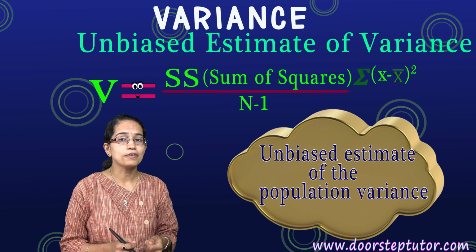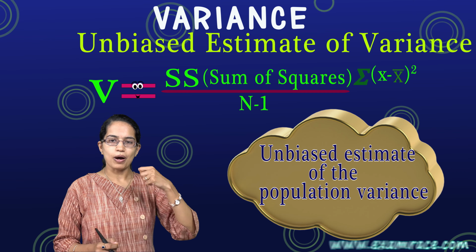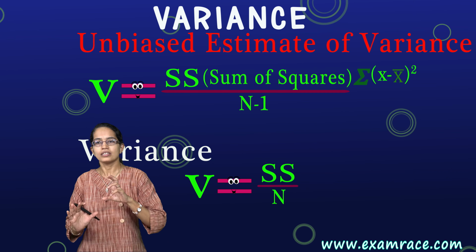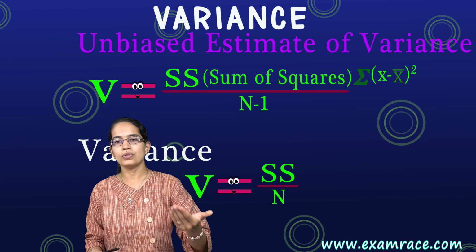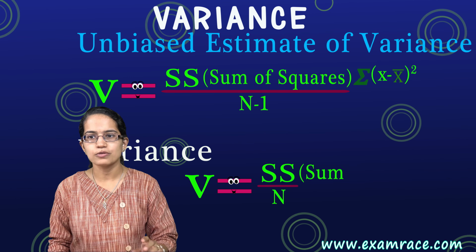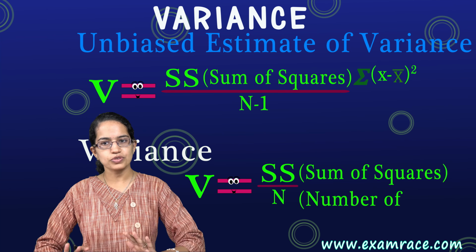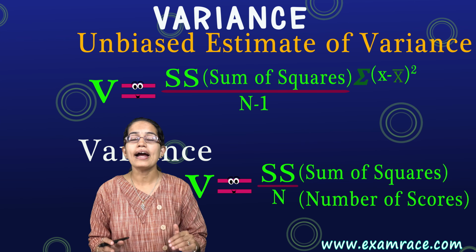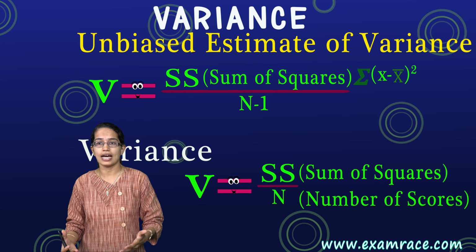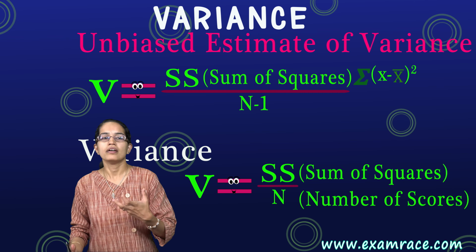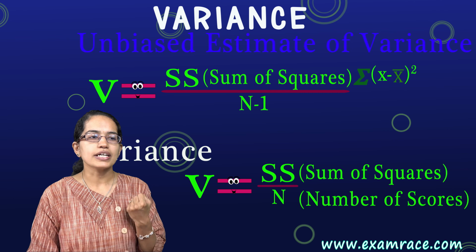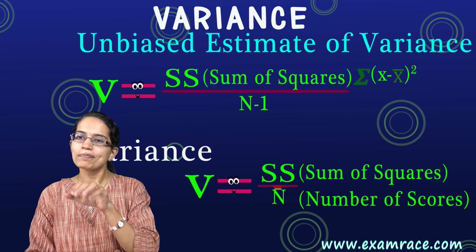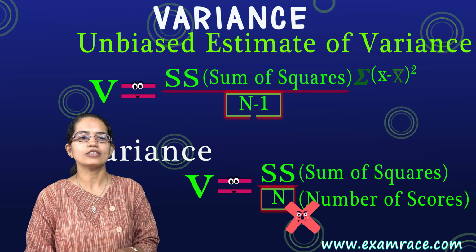So when you have the actual number of cases, the true scores, you find the values and divide by the total number of items. But in case a sample is taken, in order to have an unbiased estimate, we divide not by n but by n minus 1.